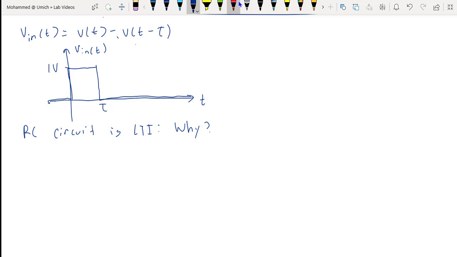Because, as we saw in the previous video, it can be described by a linear constant coefficient differential equation, and any system that is described by a linear constant coefficient differential equation is an LTI system. So it's LTI, which means that I can use the properties of linearity and time invariance to find the output for this input.